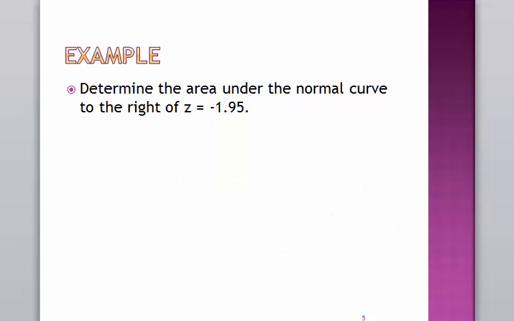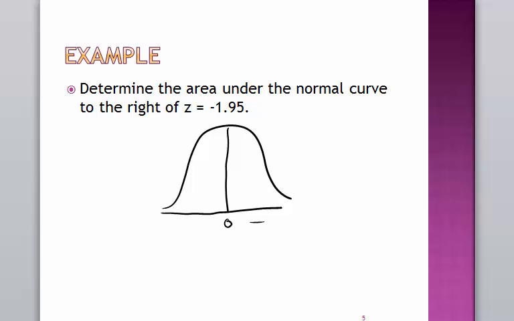Our next example asks us to find the area under the normal curve to the right of negative 1.95. So again, I'm going to draw my curve. I'm going to mark 0 off in the middle. Positive z-scores are on the right, negative z-scores are on the left. So negative 1.95 is going to be on the left-hand side.